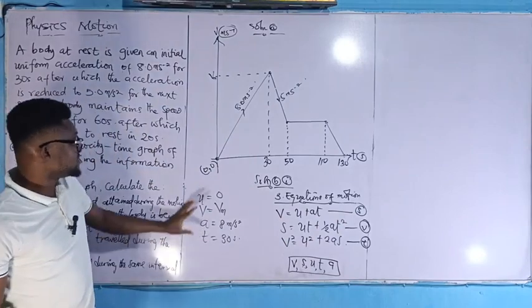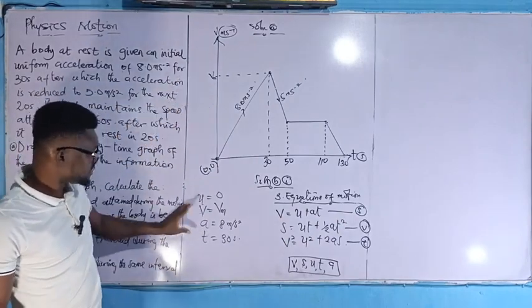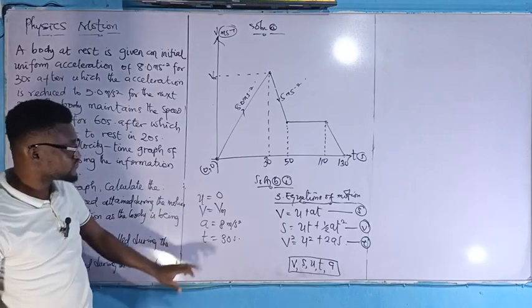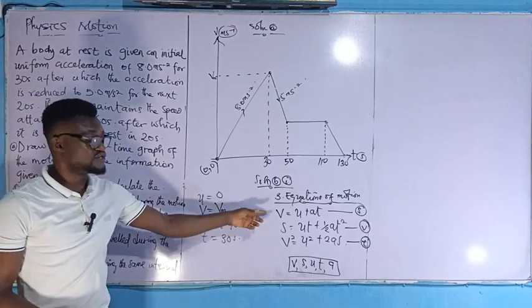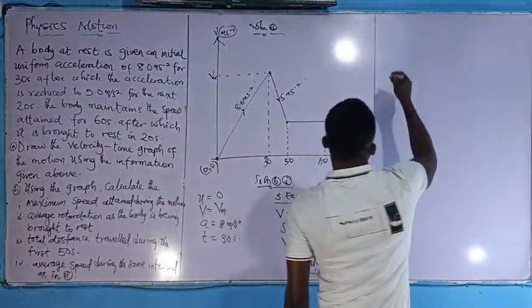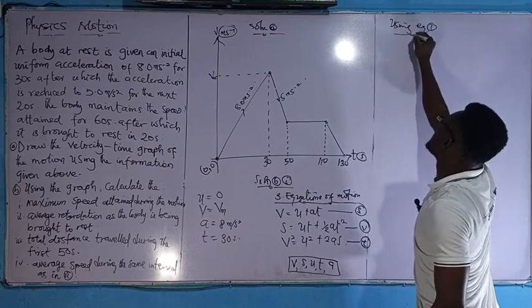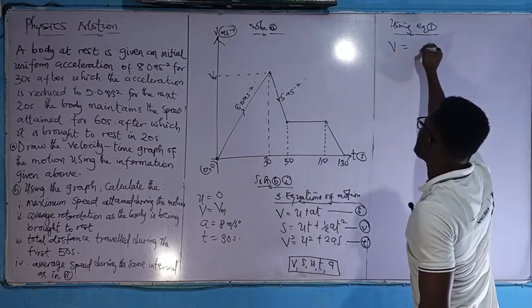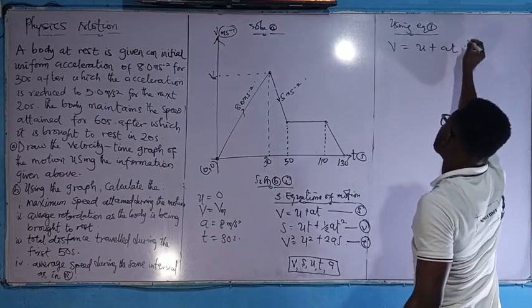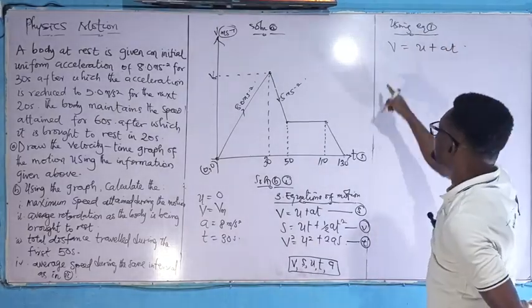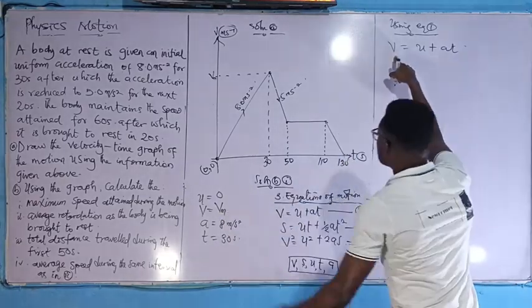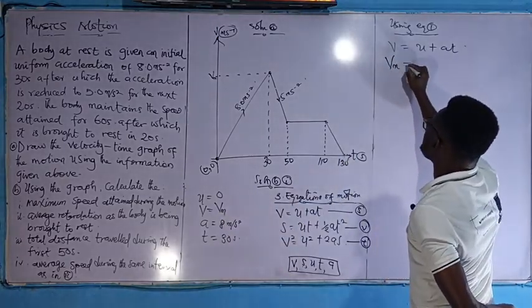That means in order to get the maximum velocity, we are going to use equation 1. So using equation 1, we have v equal to u plus at. Now v, the maximum velocity, is the one we are looking for.